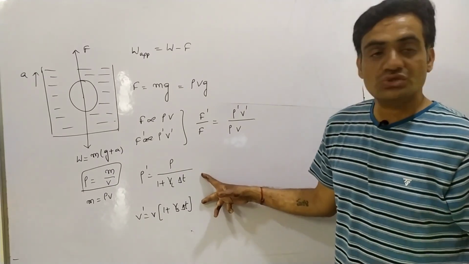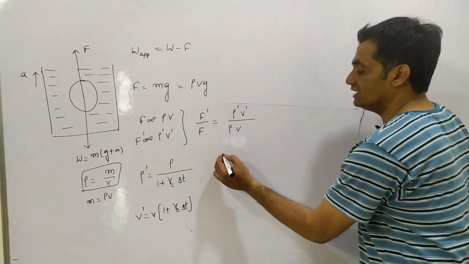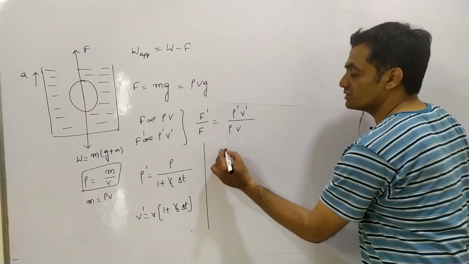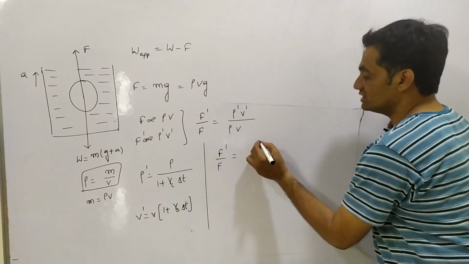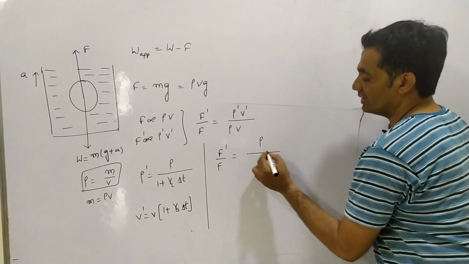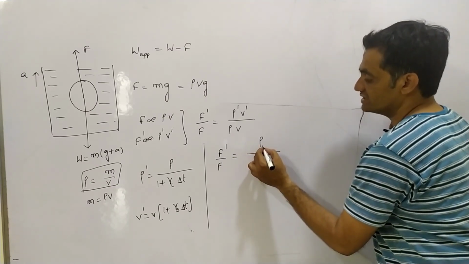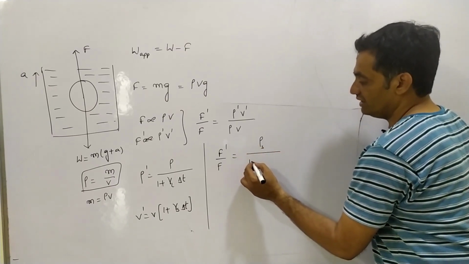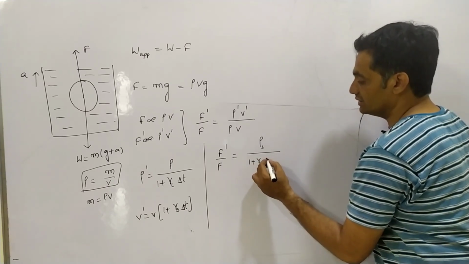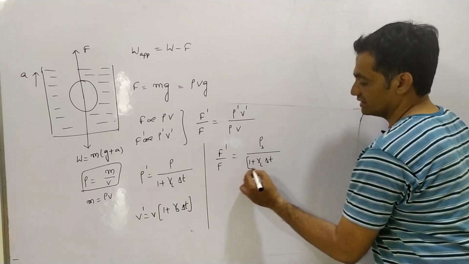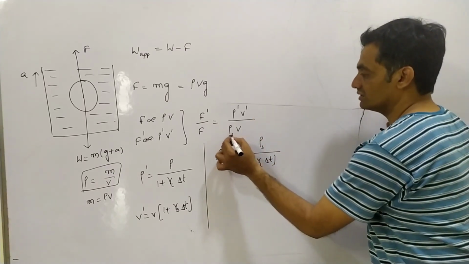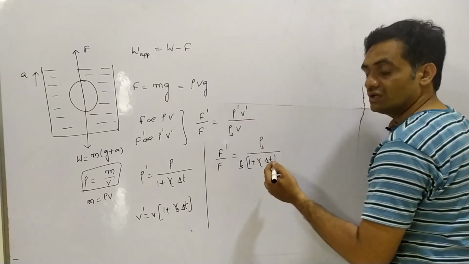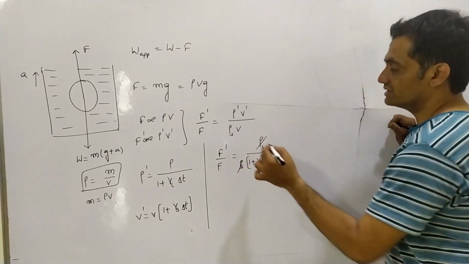Now let's substitute these two values in this expression. F dash by F equals rho dash, which is rho by 1 plus gamma L into delta T, into density of the solid. Here the density of the solid gets cancelled.